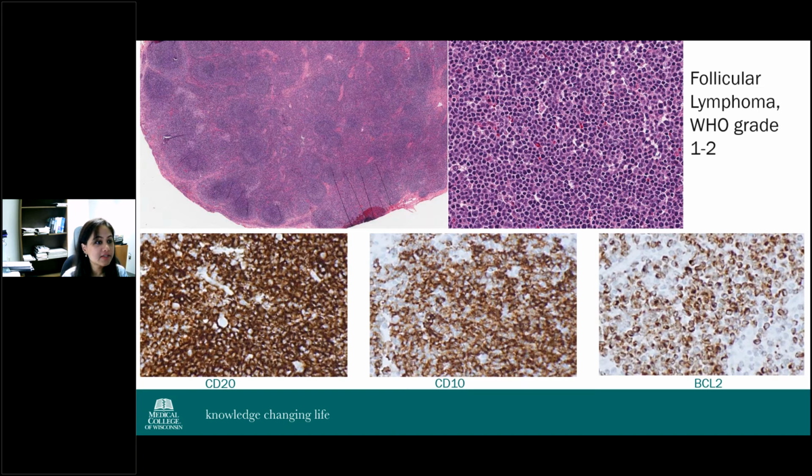There are different sized follicles here, usually comprised of small centrocytes and few centroblasts. On immunostaining, they were positive for CD20, CD10, and co-expressed BCL2. So this was diagnosed as a follicular lymphoma grade 1-2.